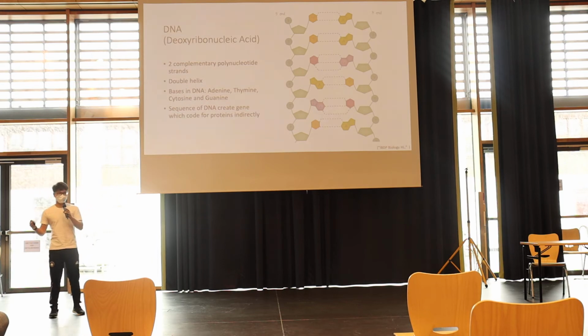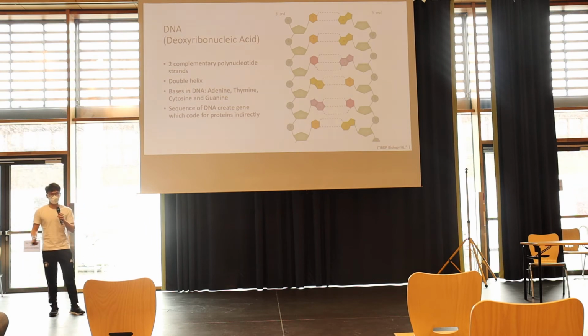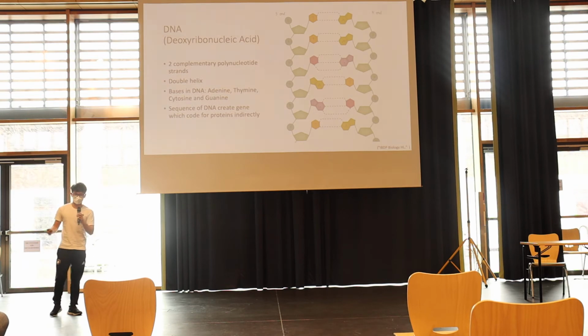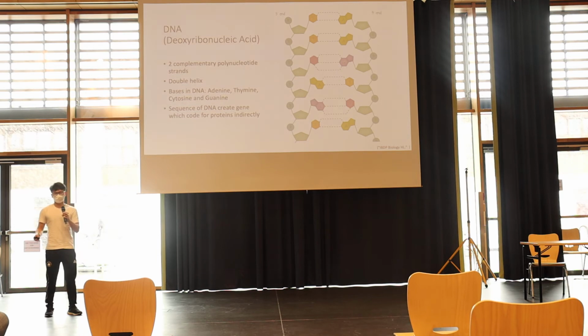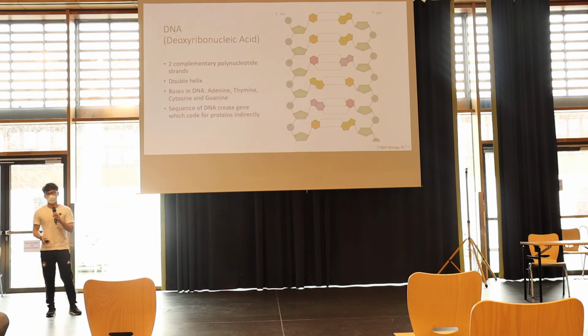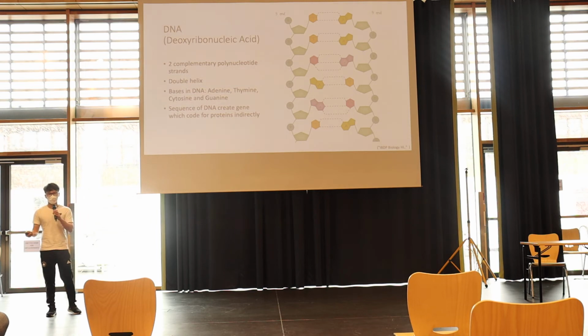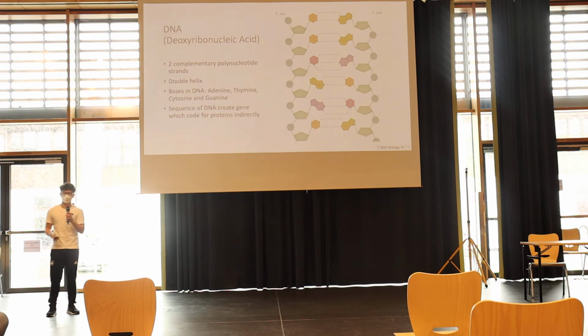The 2 strands bind together by complementary base pairing, meaning that only adenine and thymine can bind together, and only cytosine and guanine can bind together. As a result, the second DNA strand is the complementary base pair of the first strand. And the sequence of these DNA nucleotides create a gene which codes indirectly for a protein.